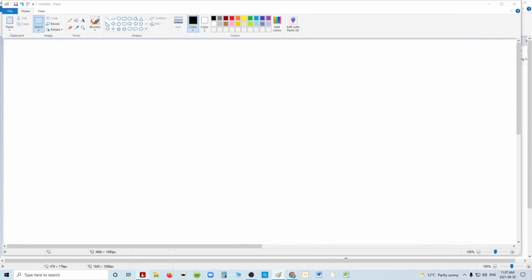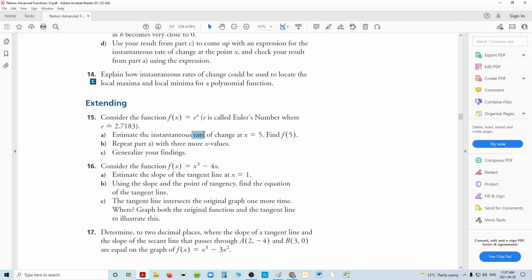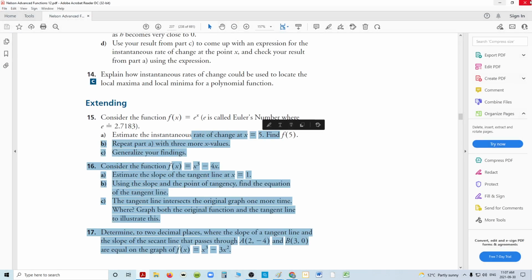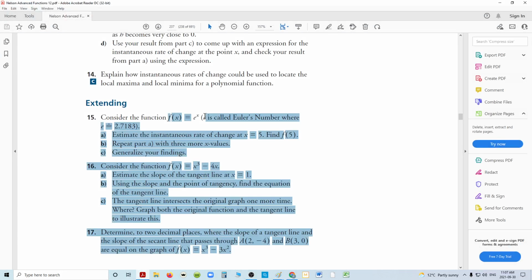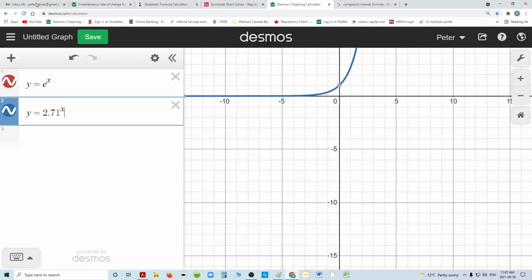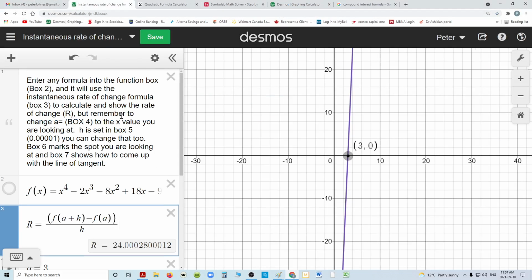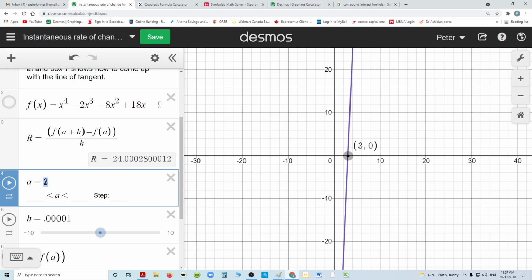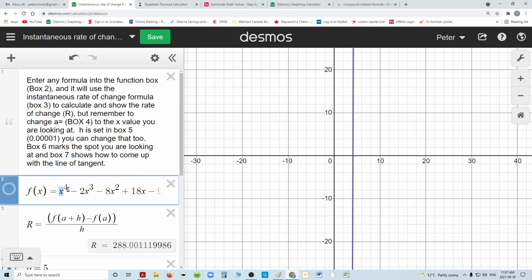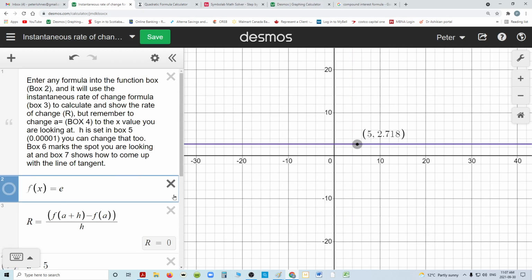Okay, let's go on to what this was asking. Estimate the instantaneous rate of change when x is equal to 5. They're making us do the graph, by the way, of e to the x. Let's take our instantaneous rate of change calculator instead, and we're going to make f equal to e to the power of x, and when x is 5.